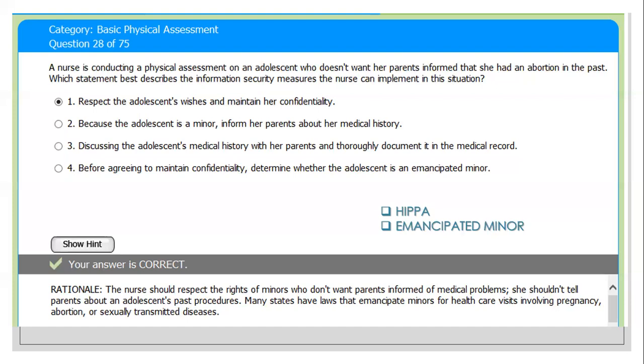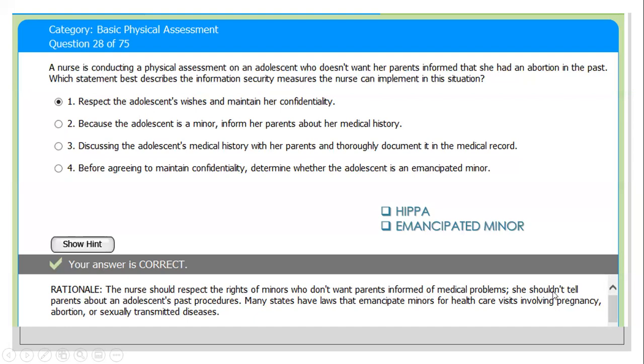If she wants, don't disclose her history to the parents. The doctor or healthcare provider must follow her wishes and respect her decisions. The nurse should respect the rights of a minor who does not want the parents informed of medical problems.